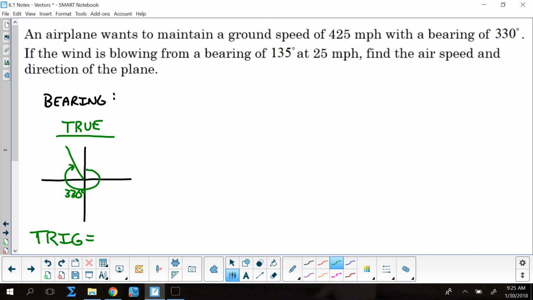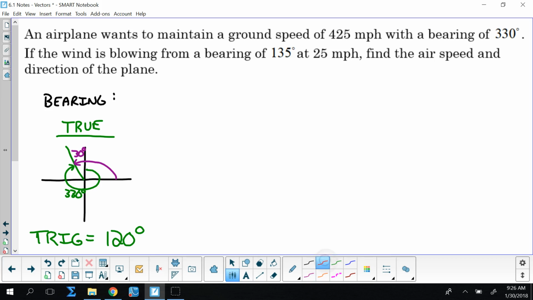What is that one in a trig angle? 120. Okay? That's 120 degrees. Because this angle up in here is 30 degrees. Okay? So my trig angle would come around to there. Yes? Okay? That wasn't the tricky one. That one was the normal one.